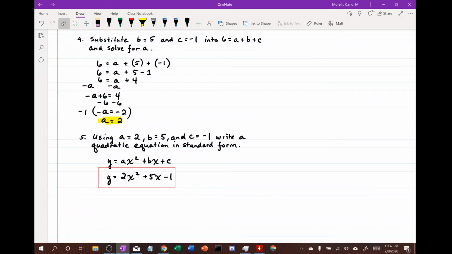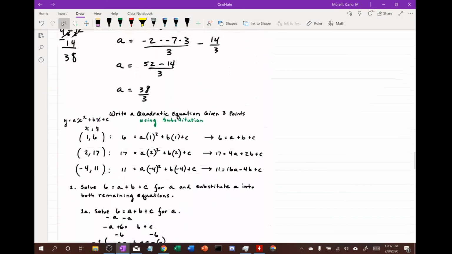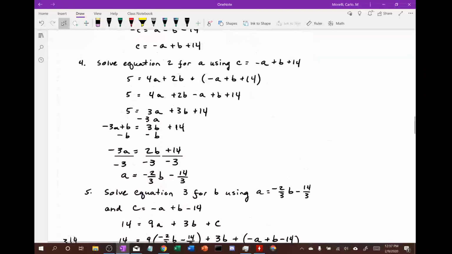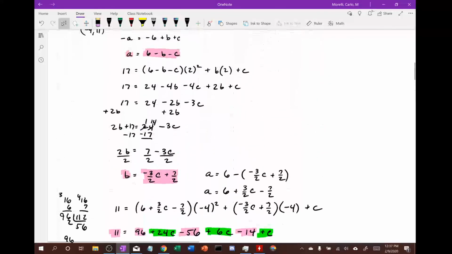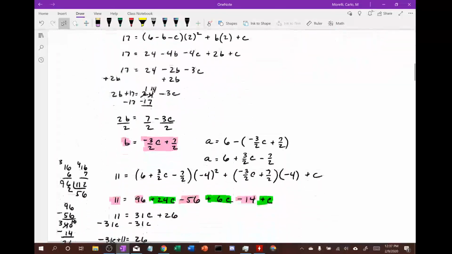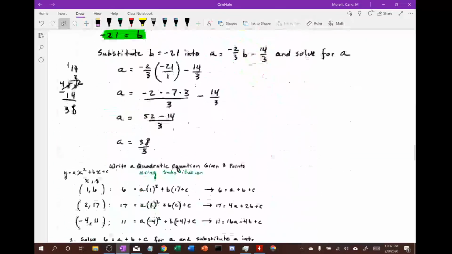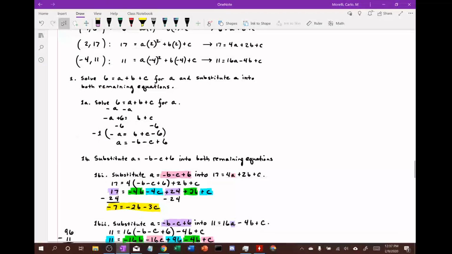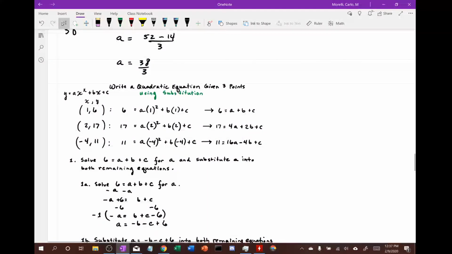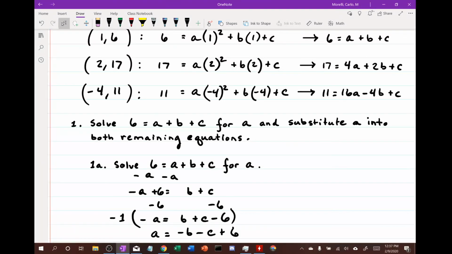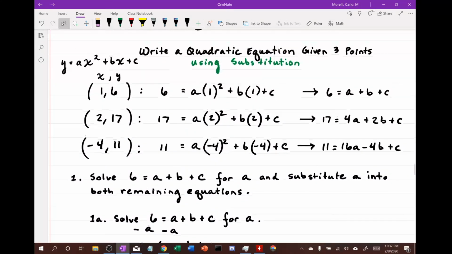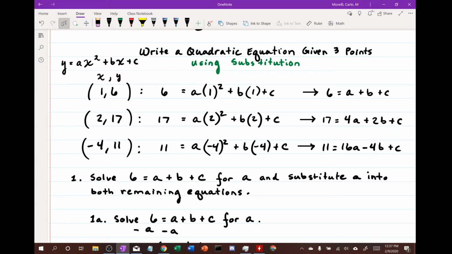Y equals 2x squared plus 5x minus 1. And we'll put that right here.